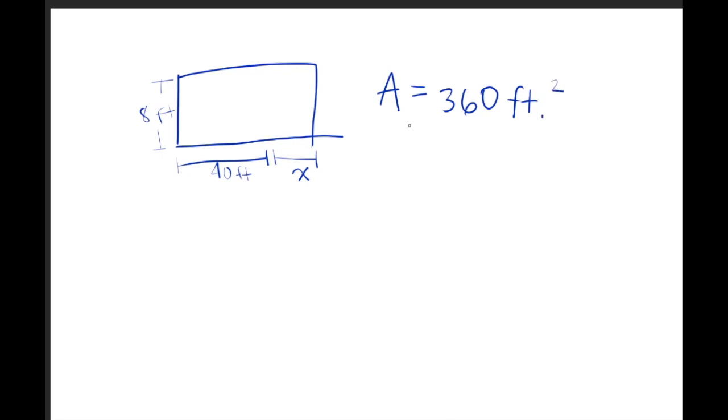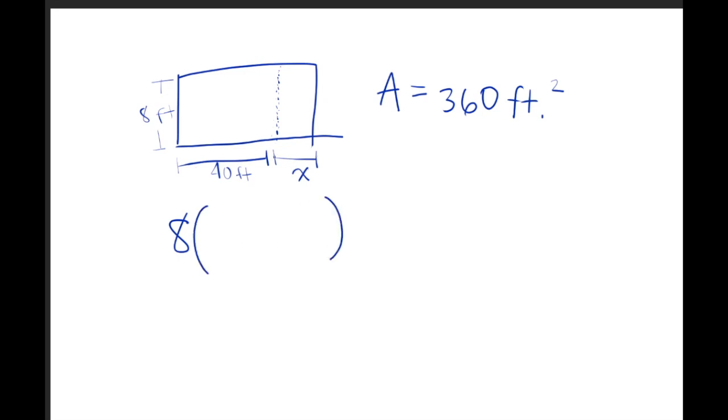So I can use the distributive property to help me figure out what x is. And to make this a little clearer, I'm going to draw a little dotted line along here to separate these two portions. So we know that we find the area by doing length times width. I'm going to do 8 first over here, 8 times the other side.